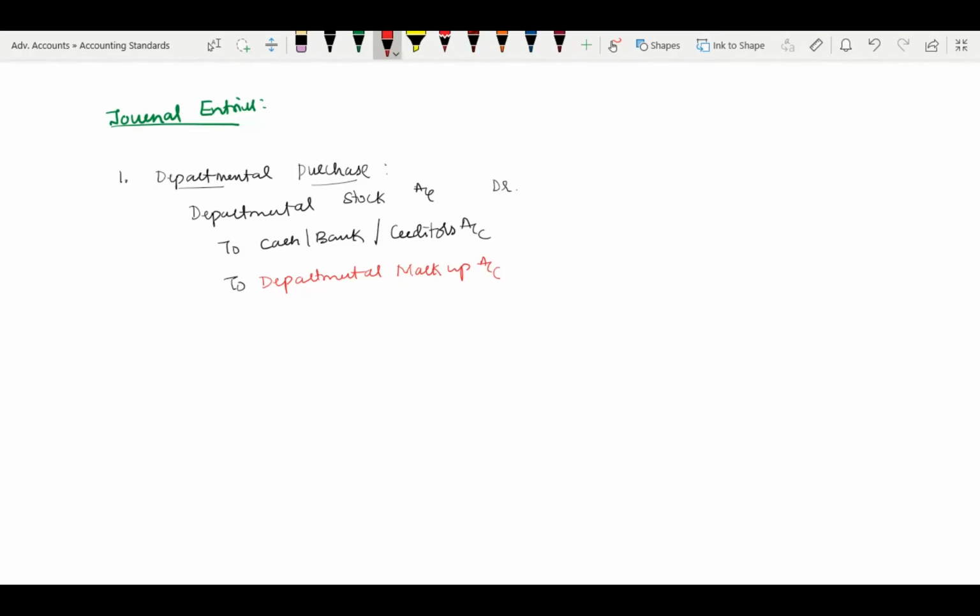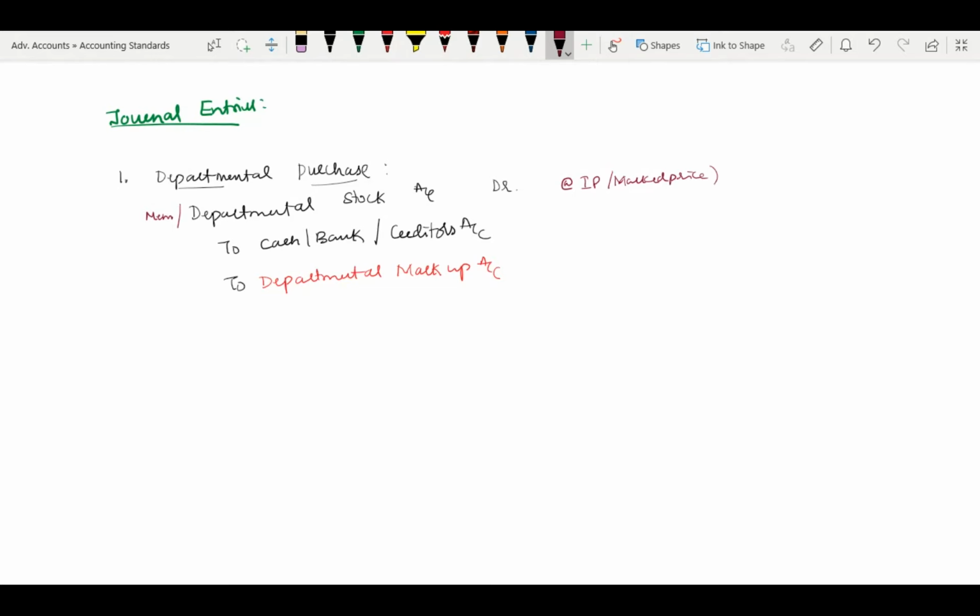Now, this is either the memorandum departmental stock account or the departmental stock account; both are the same. Here, this has to be recorded at invoice price, that is, the marked price, including margin.